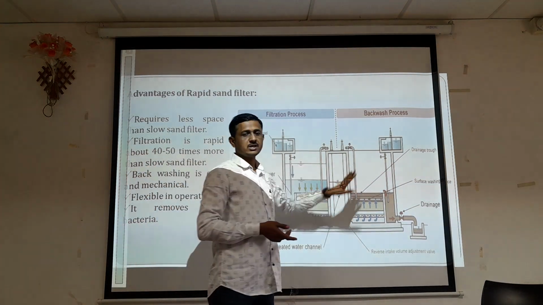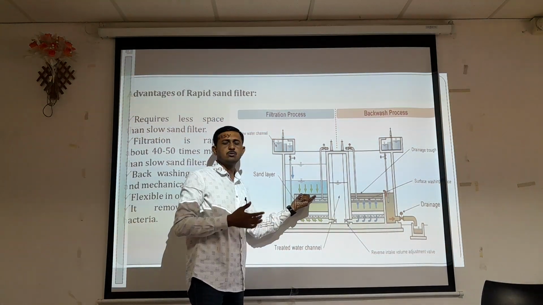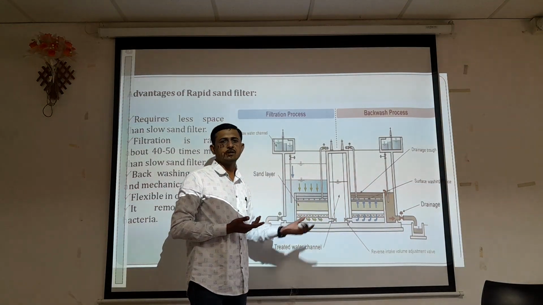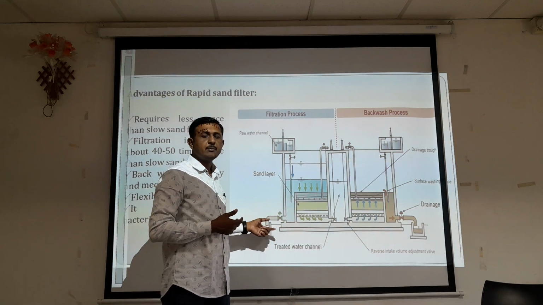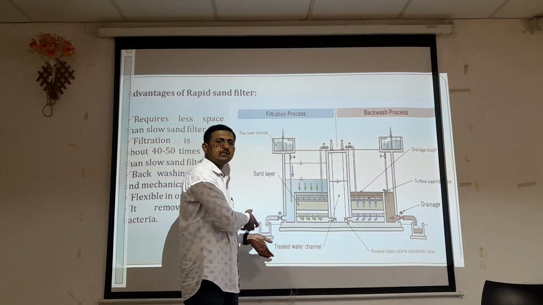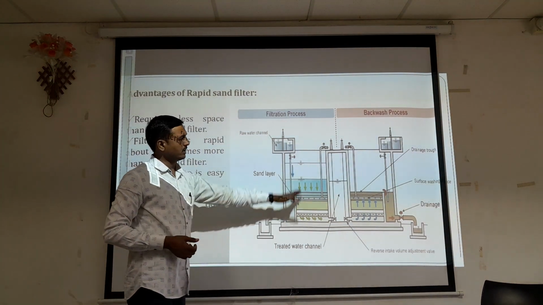Here you can see that, due to clog formation or the slimy layer formation, the filtration rate of water drops because the pores are blocked, so we have to use the backwashing phenomenon. The water collected from the drainage line is directed to flow upward.